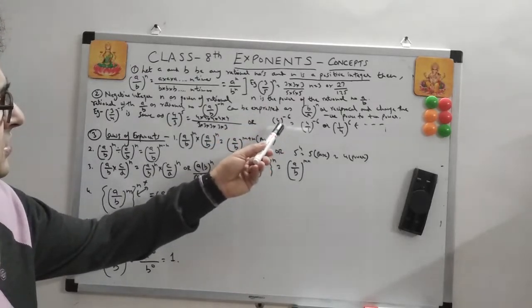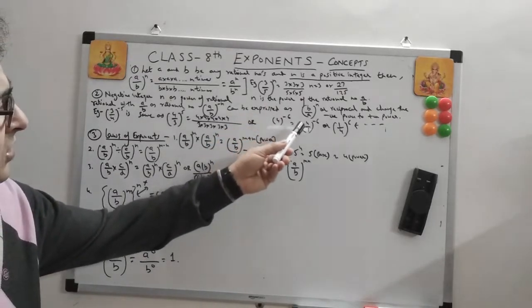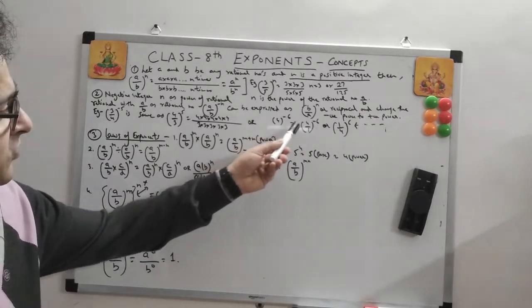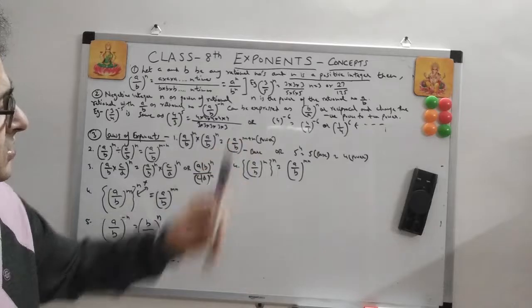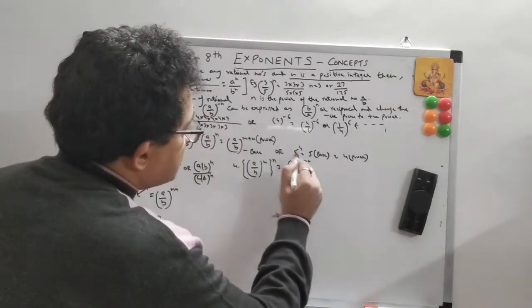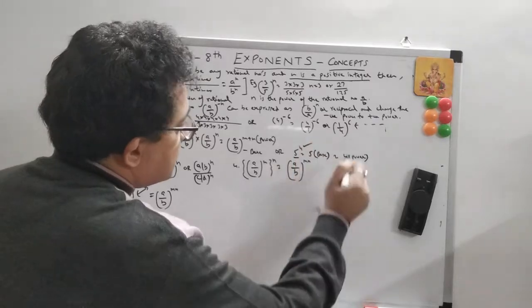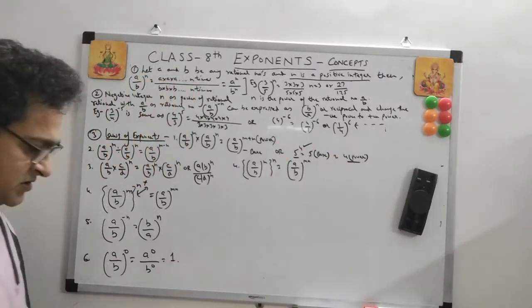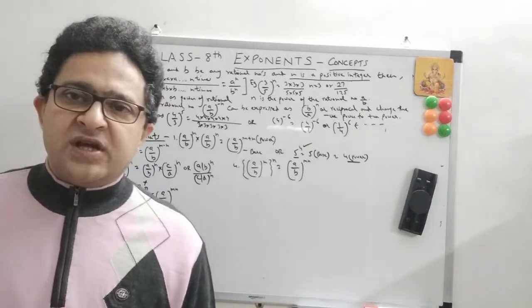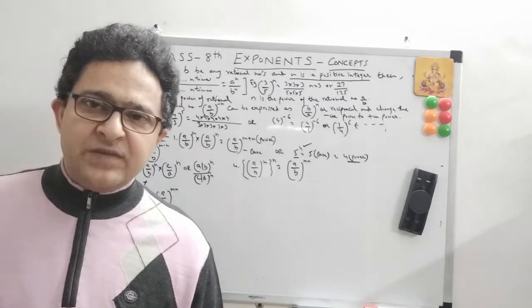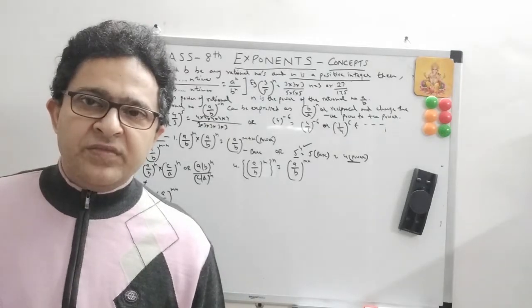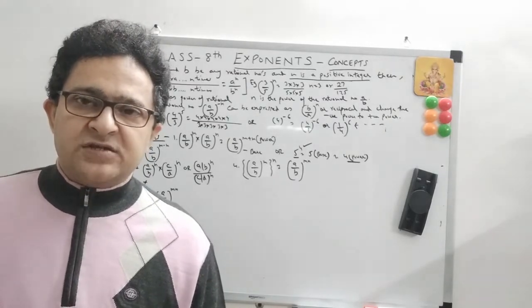You can write this as a upon b, 4 upon 1, and usually just remember in exponential form, this is the base and this is the power. So let's do some more questions, and some more concepts on representing in the standard form, and let's move further now.